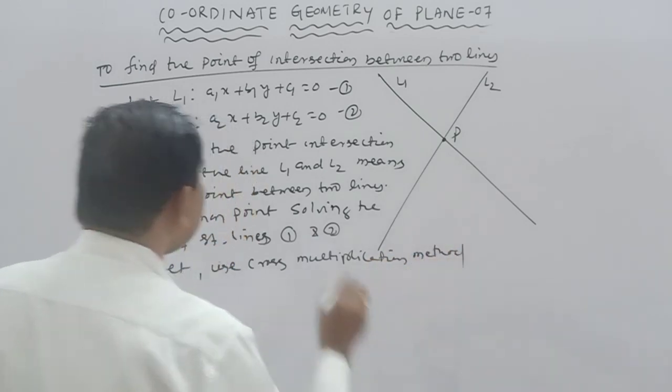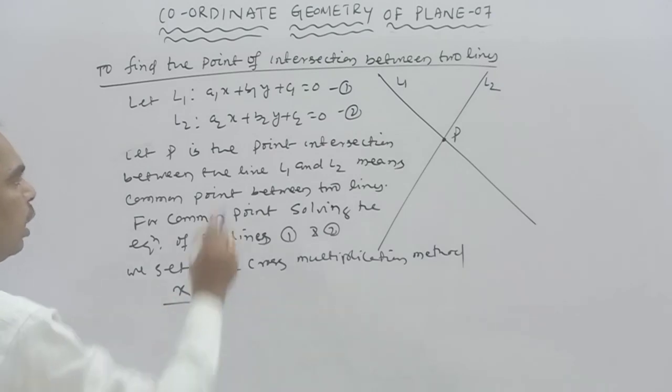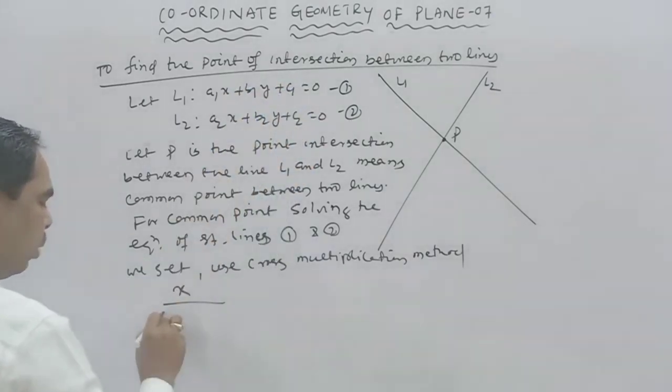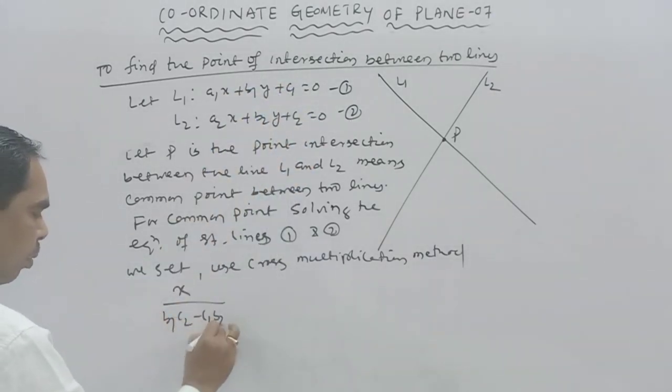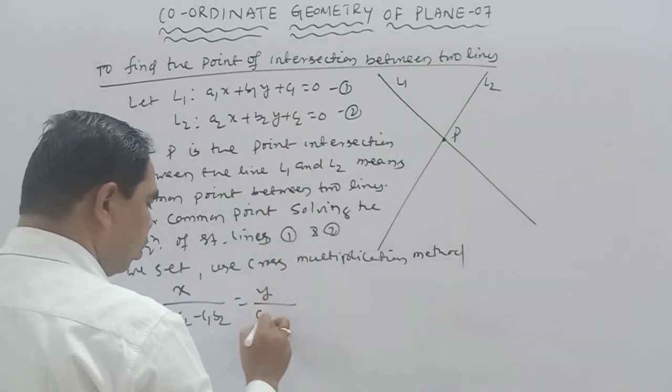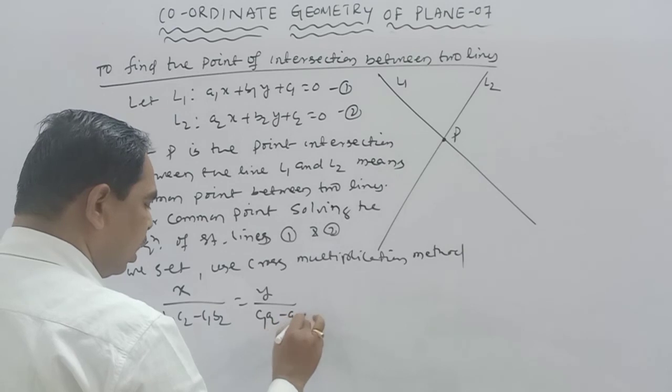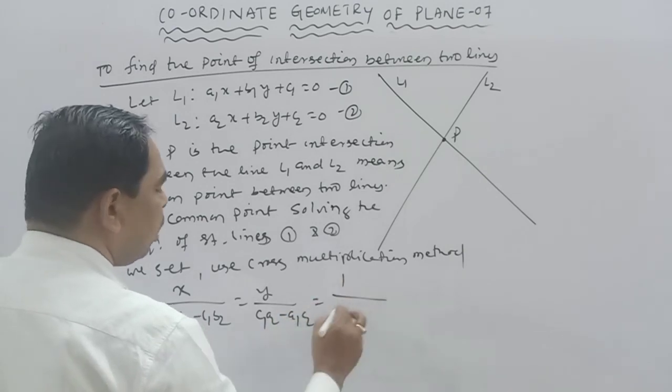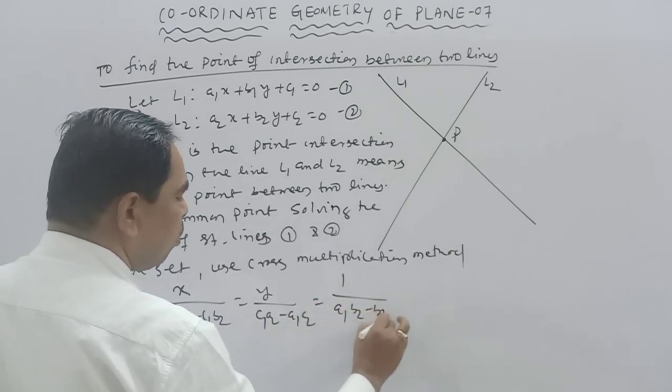x divided by (b1 c2 minus c1 b2) is equal to y divided by (c1 a2 minus a1 c2) is equal to 1 divided by (a1 b2 minus b1 a2).